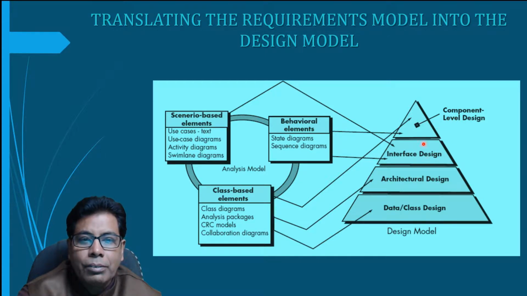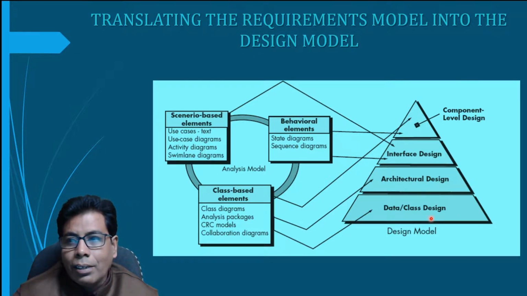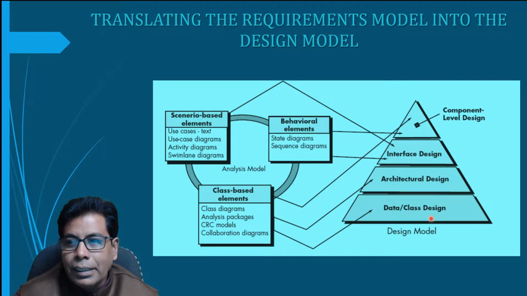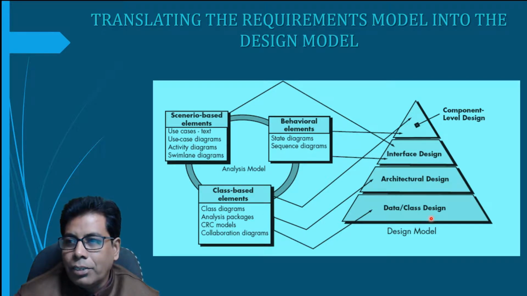These are the 4 different levels in the design model. The data or class design transforms the class model into design class realization and the requisite data structures required to implement the software.